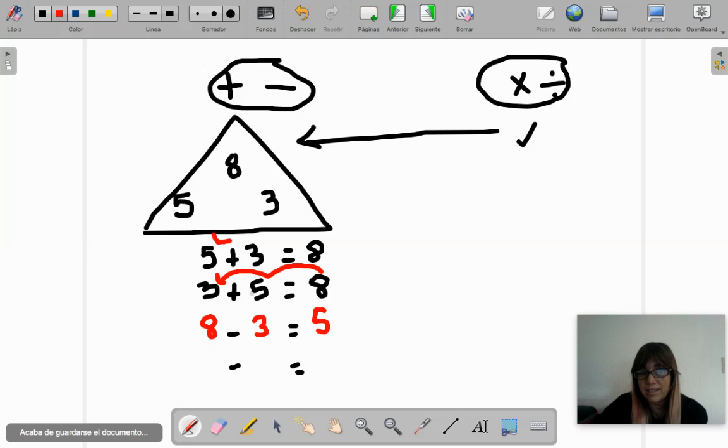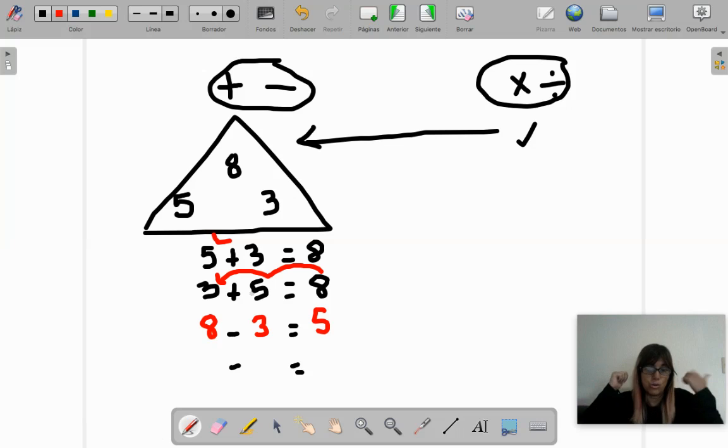If it was an addition and you do it backwards, you don't put addition. Now you put subtraction. You put the opposite. So again, it's 8 minus 5. We already put 3, so now it's this 5 going backwards. And after the 5, we have a 3. So we finished. That's our fact family.